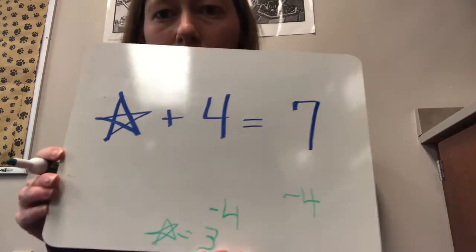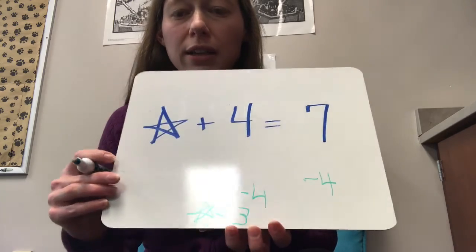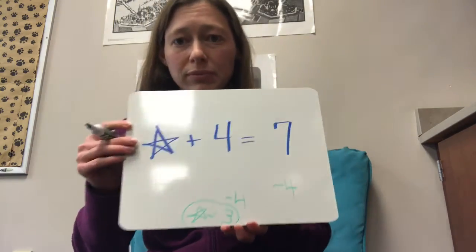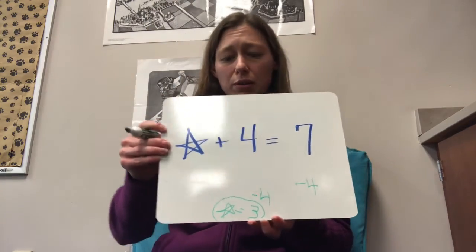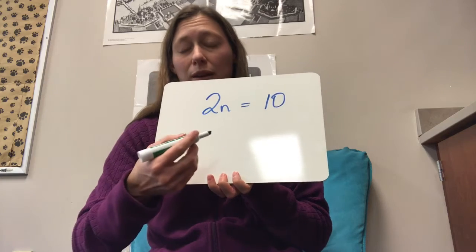Okay, what did I do? Not bad. Okay, so we're going to subtract 4 on both sides, and then we get star equals 3. Okay, let's see if I can do a better job on this one. So I'll see if it's easy enough to do in my sleep. Ready?